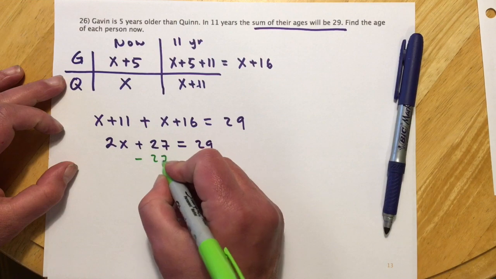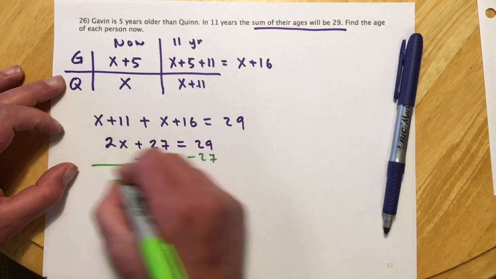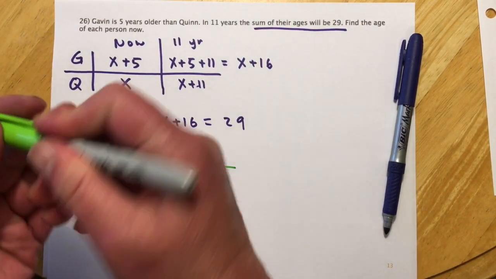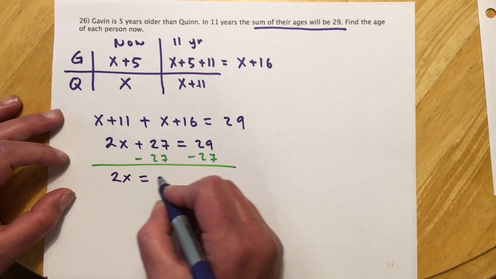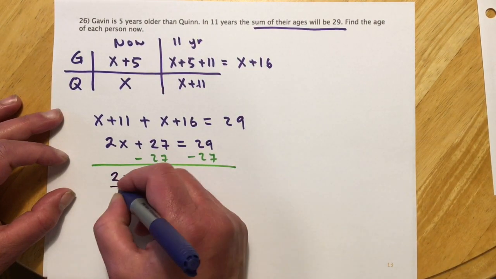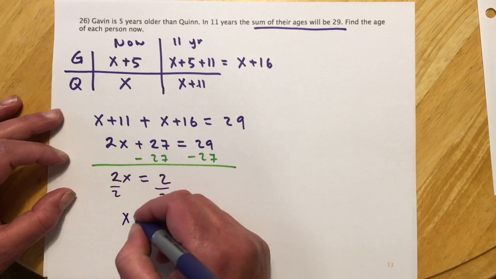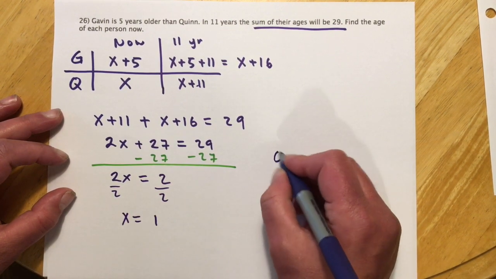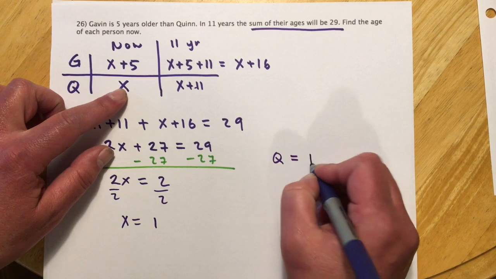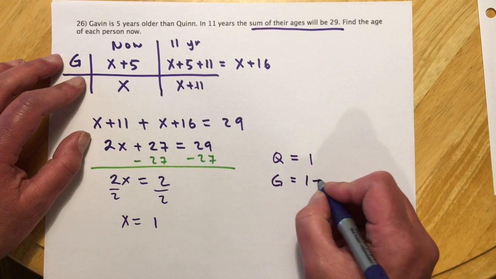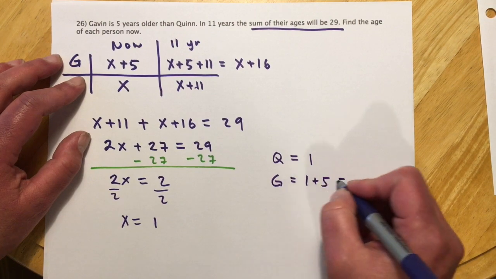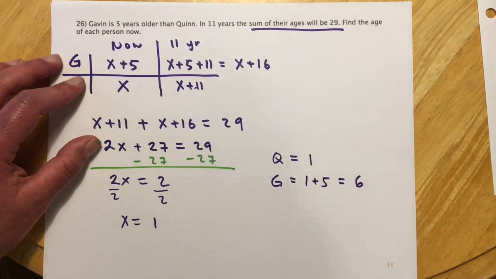So subtract 27 on both sides and get 2x equals 2, and then divide out the 2. And x equals 1. So that means Quinn, who was x, equals 1. And then Gavin equals 1 plus 5, or x plus 5, which would be 6.